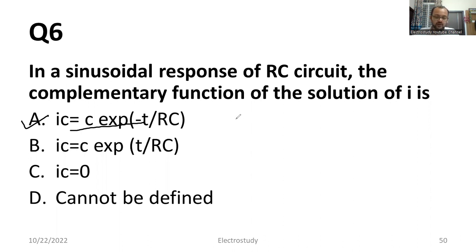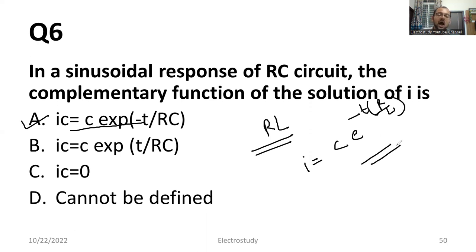If it is for the RL circuit, i is equal to C into e to the power minus t into R by L. You can see such kind of questions in competitive examinations.